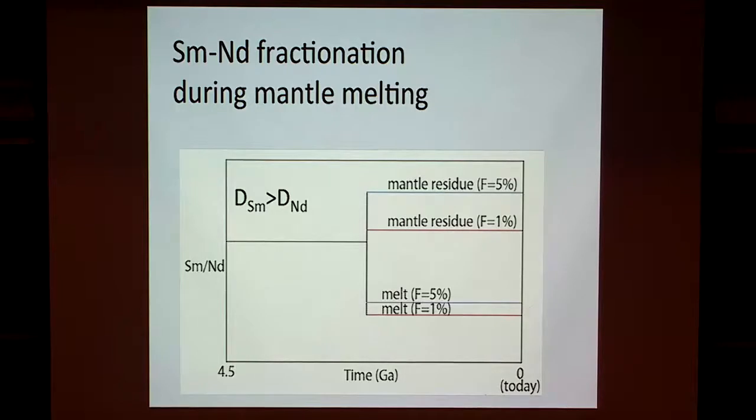I would love to know what the partition coefficients are for samarium-neodymium at the base of the mantle, because then you could predict what the isotopic ratios would be for any melts down there, but we don't know what the partition coefficients are. Yep. I was going to say, how well do we know the partition coefficients, for instance, these two systems at high pressures and high temperatures?